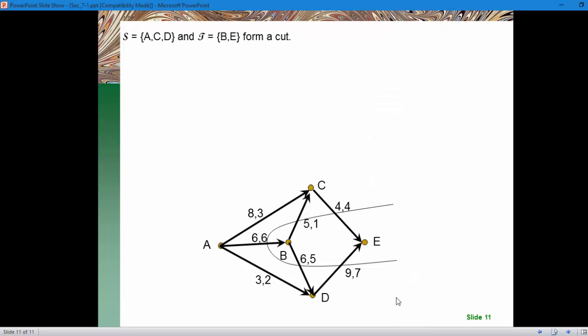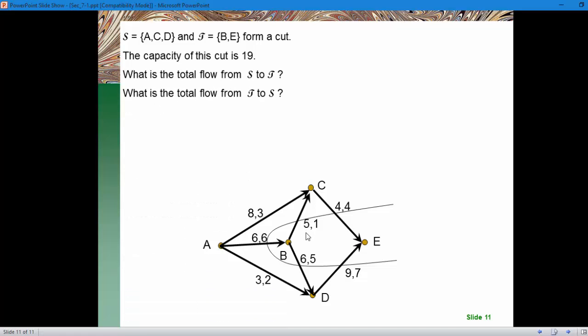All right. Let's take a look again at the same transportation network. The capacity of this cut is 19. And here are two questions. What is the total flow from the S side to the T side? Remember, this is the S side, the side that contains the source, and the T side is the side that contains the sink.